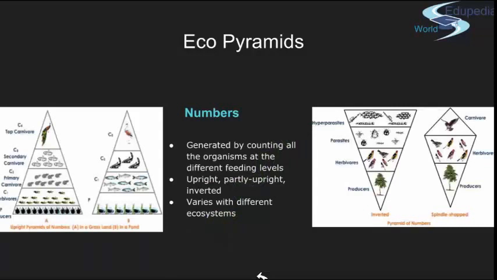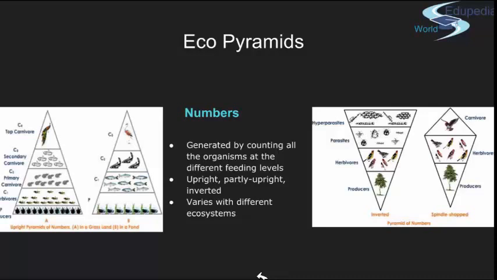So the energy transfer to the next trophic level is always in a smaller amount than on the previous level of a pyramid. Next one is the ecopyramids representing the numbers, and we can say it's a graphical relationship between the producers and various levels of consumers, but based on their population. So the number of specimens of a certain population of certain organisms represents a level of a pyramid.